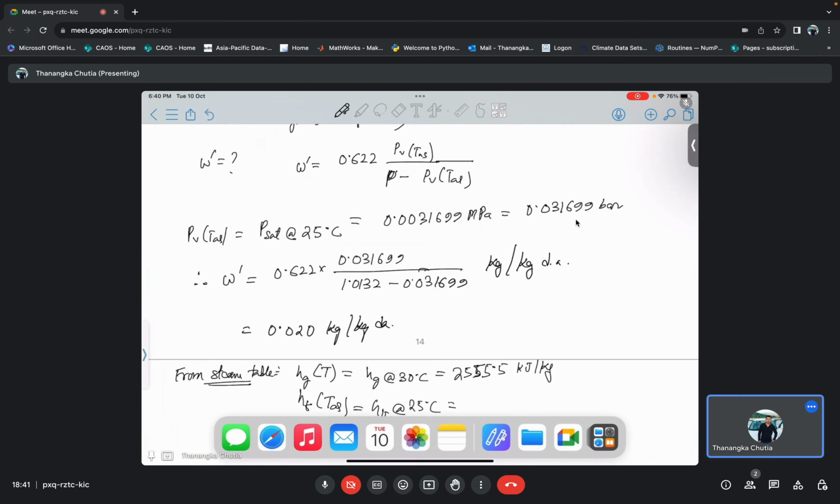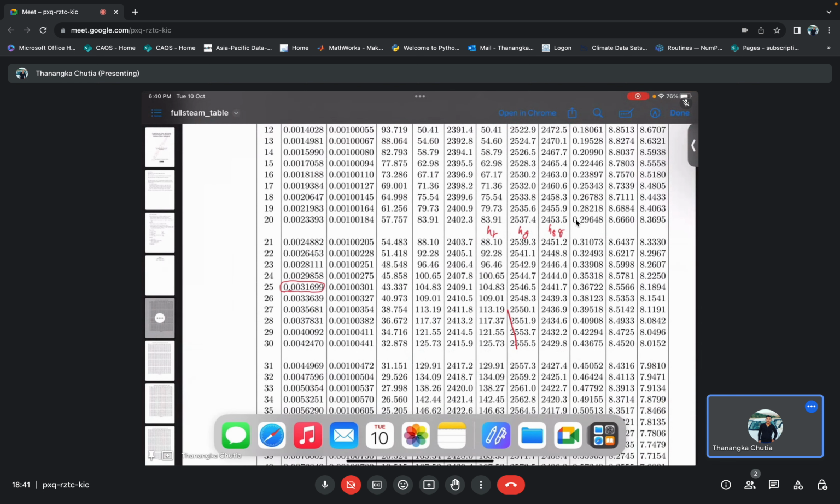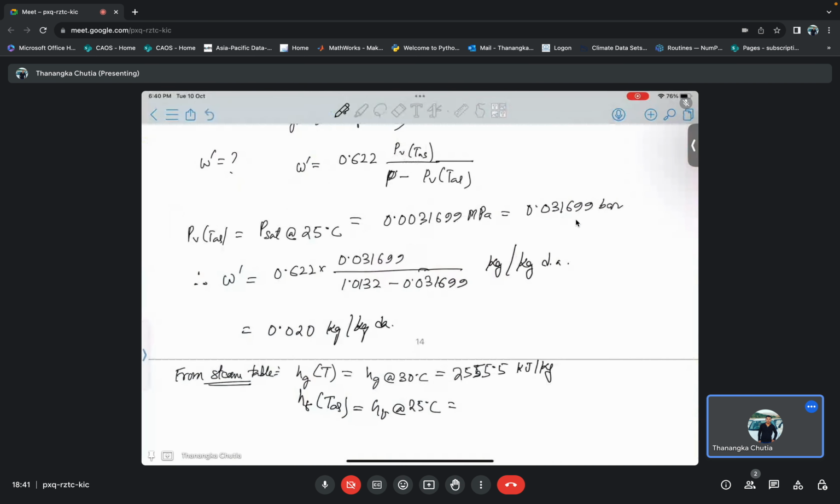Then HF at TAS, that is HF at 25 degrees Celsius, is 104.83 kilojoule per kg.